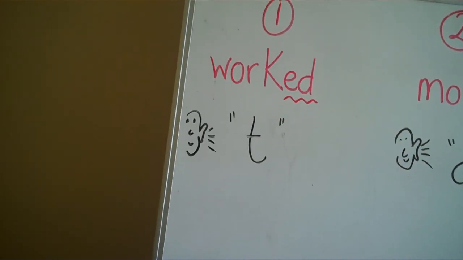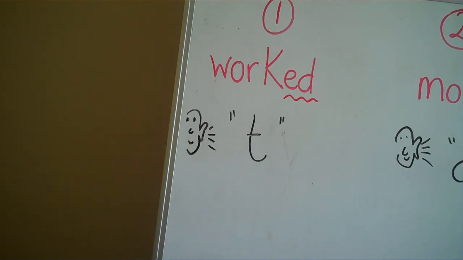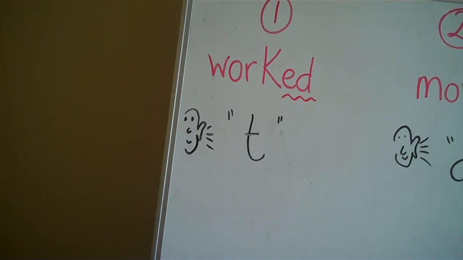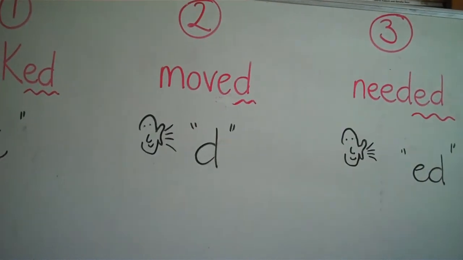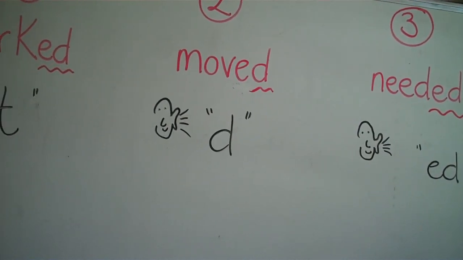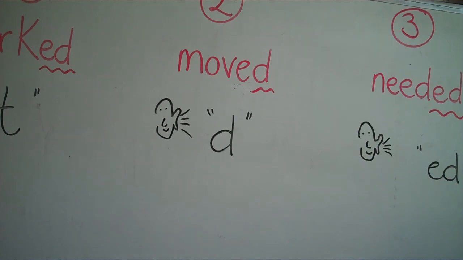So there we have worked. There's my spelling, ed. But the sound is a t sound. Number two, we're going to change our verb a little bit. It's move. Moved.